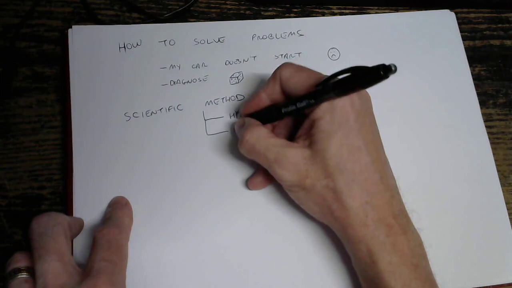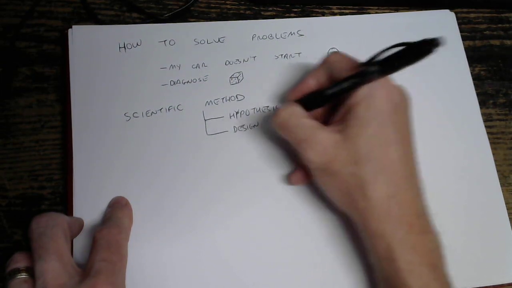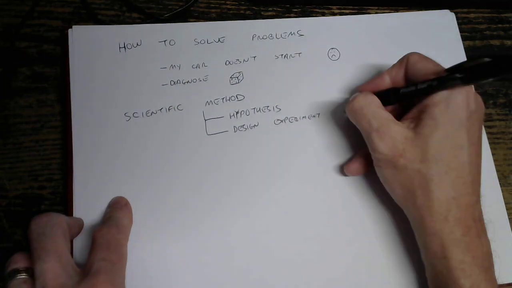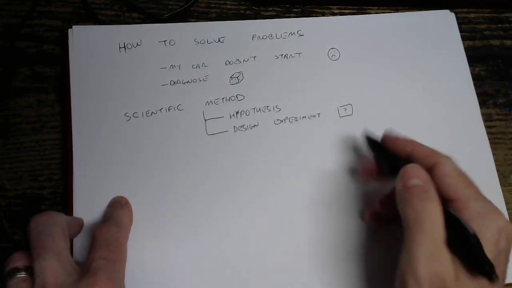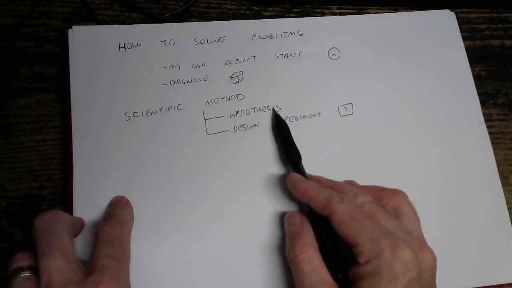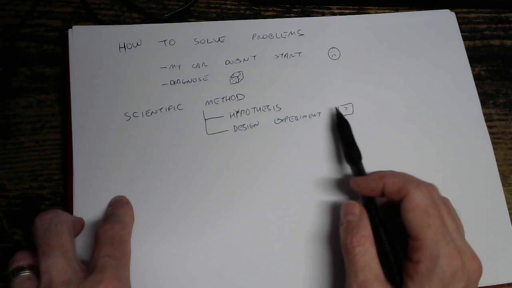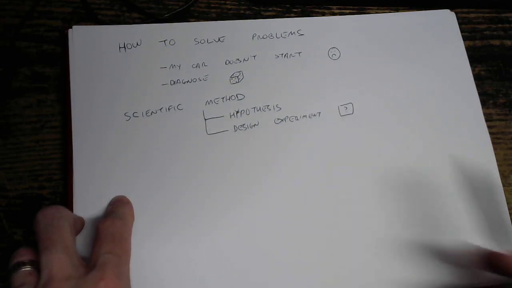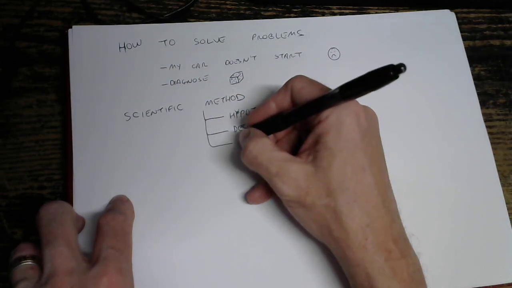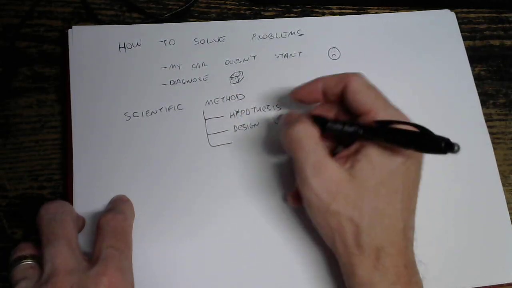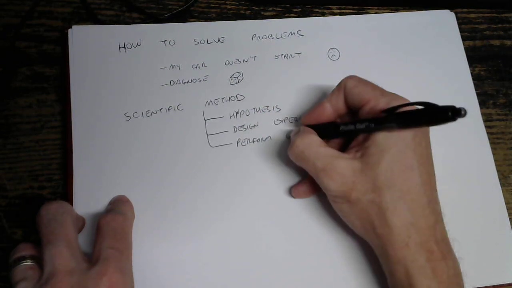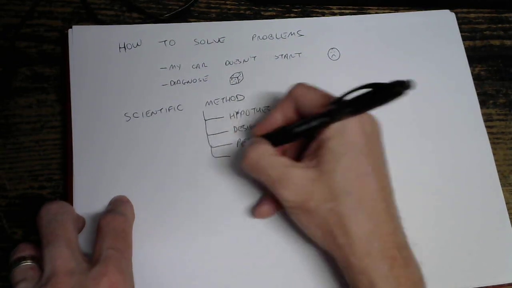Then you can design an experiment, and ideally that will tell you if the hypothesis is false. You can't always design an experiment to prove that it's true, but you can normally design an experiment to rule it out. Then you perform the experiment, and you can get a conclusion from that.